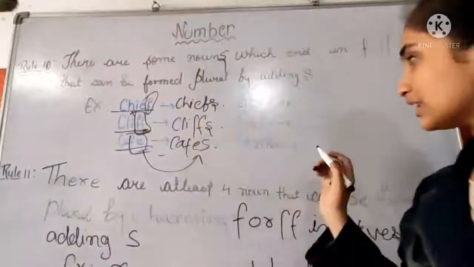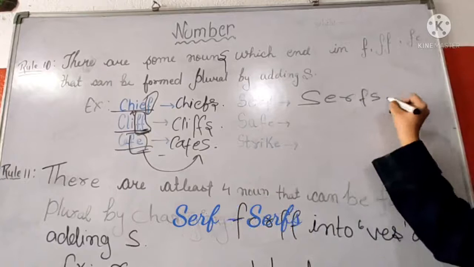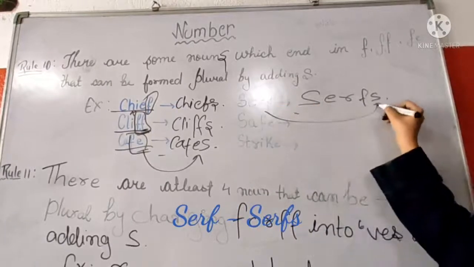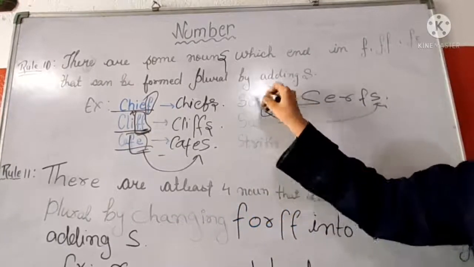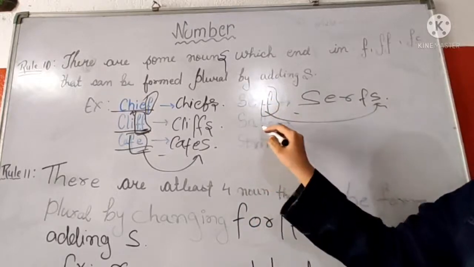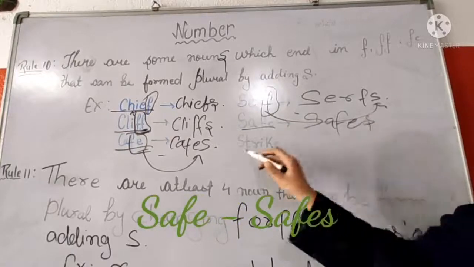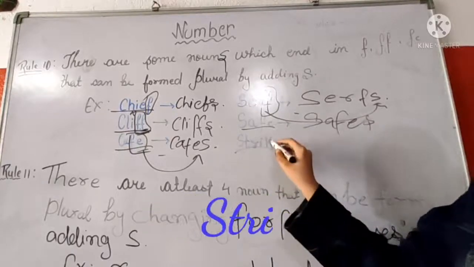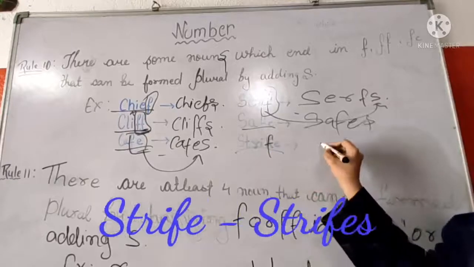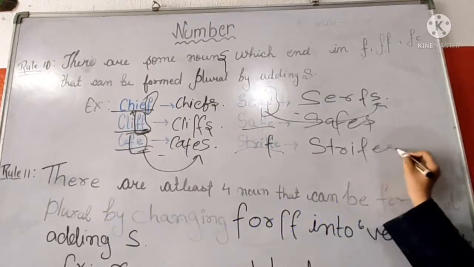Now let's come to this rule. Then surf. Then again we will add s after F, because here surf is ending in F. So next, safe. So it will become safes. Strike, it will become stripes.